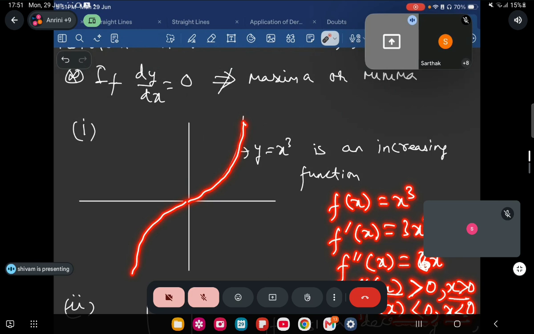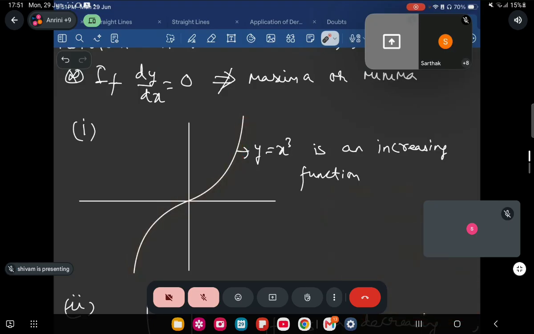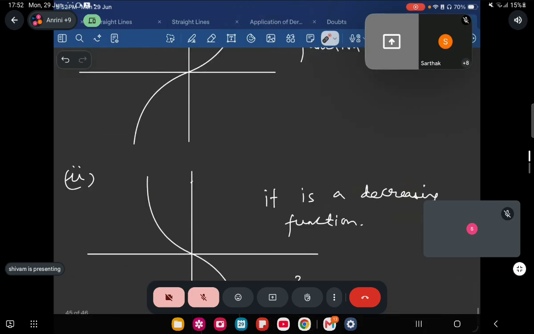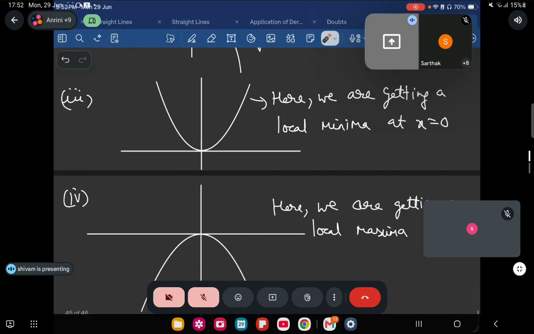That is why you are not getting a local maxima or local minima here. But in the third and the fourth graph, the concavity remains the same. If it is concave upwards, it stays concave upwards. If it is concave downwards, it stays concave downwards. Anyone having any doubt, you can ask me.